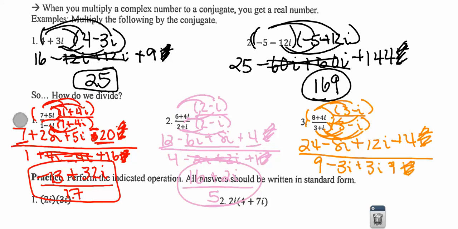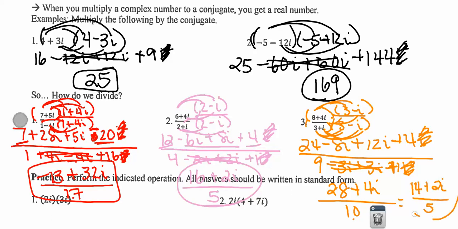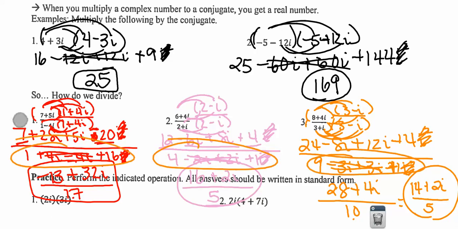Scribble out, change the sign, so I'm left with a plus 1. So if I look at my numerator, 24 and 4 make 28. Plus 4i. My 3i's on the denominator cancel out. I'm left with 10. If I leave my answer like this, I'm going to lose a point because notice all 3 of these are even. So I can divide everybody by 2. So I have 14 plus 2i all over 5. You know you did this correctly when your imaginary number cancels out in the denominator.